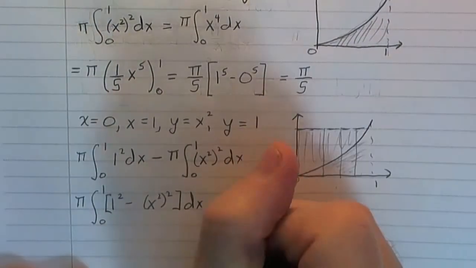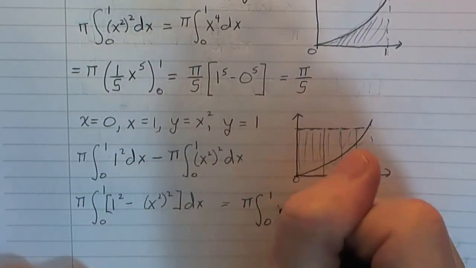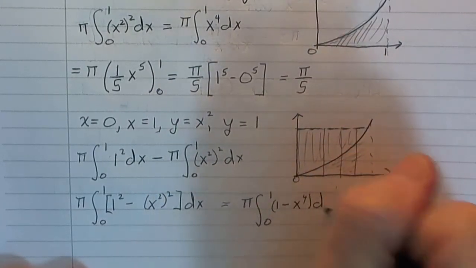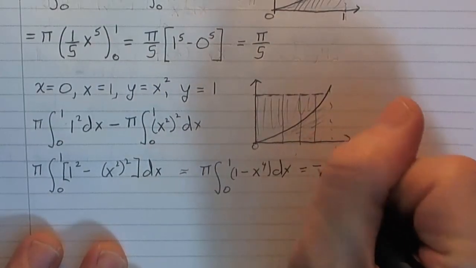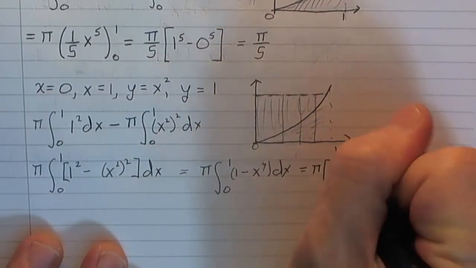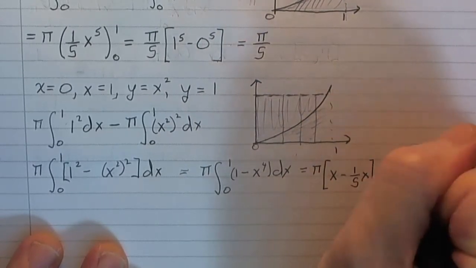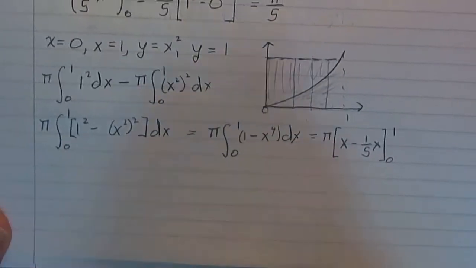And of course, I'll just do the first part of this. It's 0 to 1, 1 minus x to the 4th. Well, I guess I can go ahead and do it all. So this is going to be pi times x minus 1/5 x to the fifth from 0 to 1. Okay, there it goes. And now let's see what we've got here.